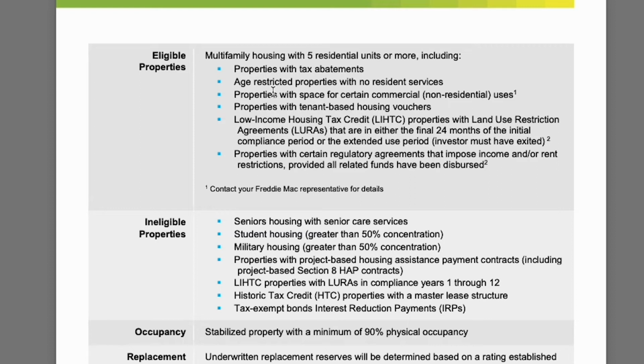You can do it. This includes age restricted properties with no resident services. This includes properties with certain commercial non-residential uses, such as mixed use, where you put multifamily at the top and commercial space at the bottom.